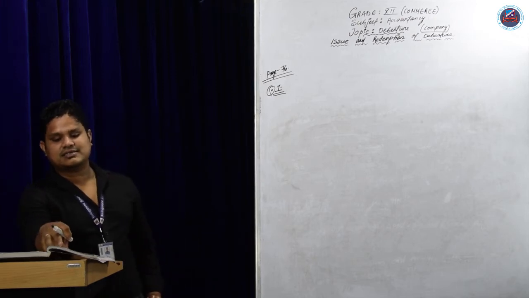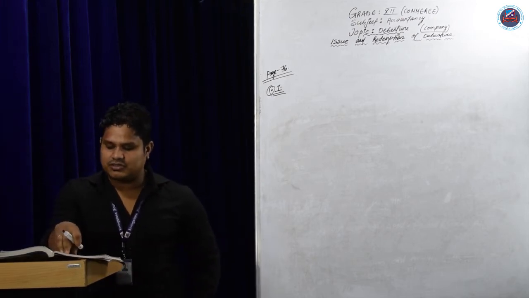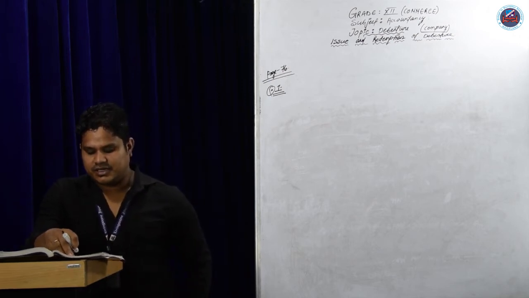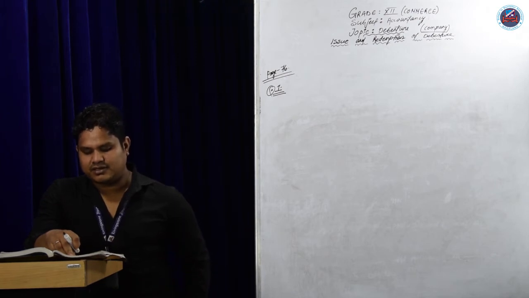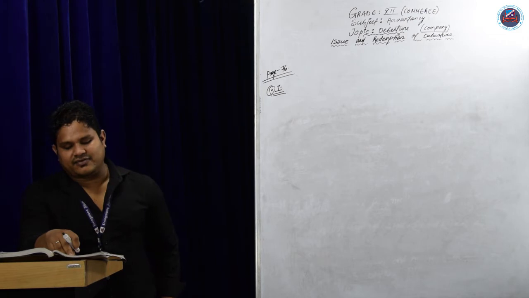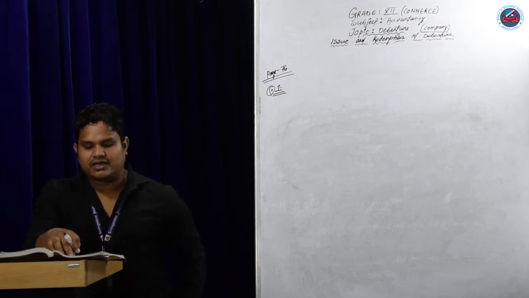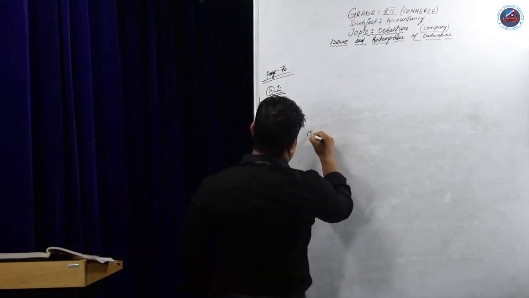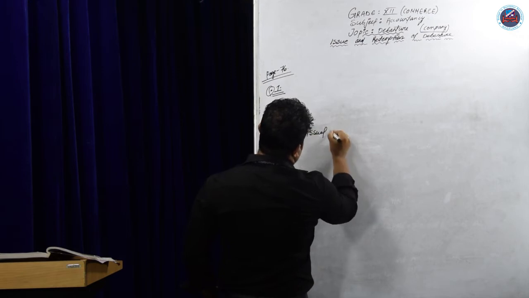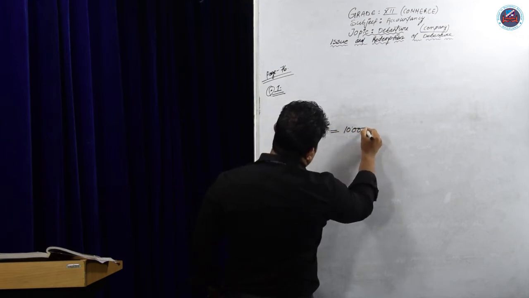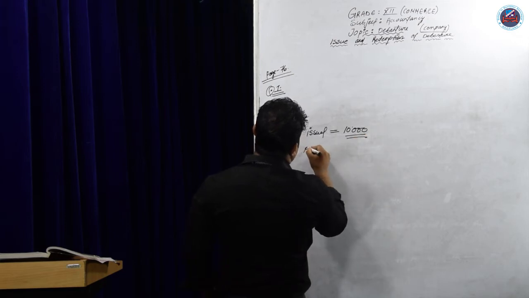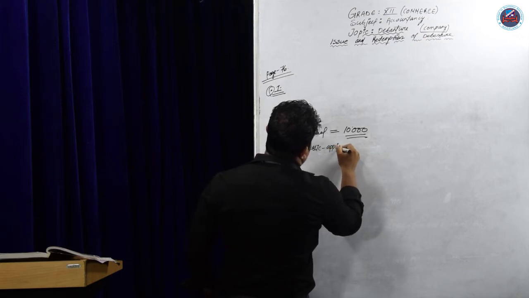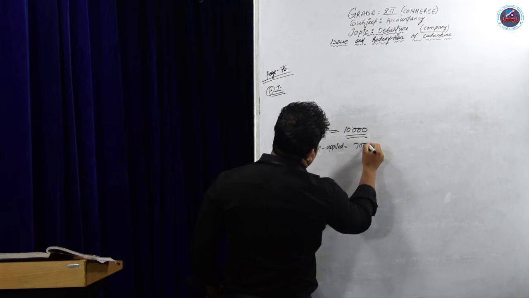So this is a question of under subscription. How will we know that this is a question of under subscription? See, ABC Limited issued 10,000 12% debentures of 100 each, payable 30 on application and the remaining amount on allotment. The public applied for 9,000 debentures, which were fully allotted. The company issued 10,000, but the public applied for 9,000 debentures.